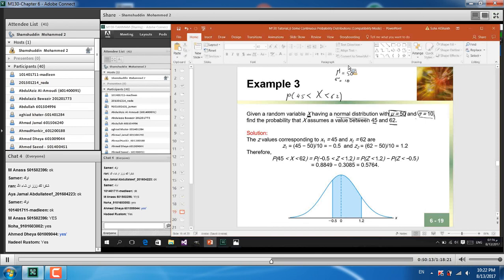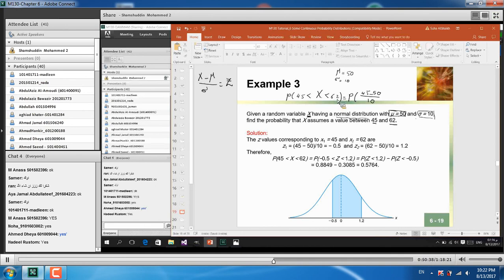For x, I can't get it from the table. So we need to change this x to z. How to do that? For 45, what's mu? 50. What is sigma? 10. We subtract mu and divide by sigma to change to z. We do this for all the terms that we have.